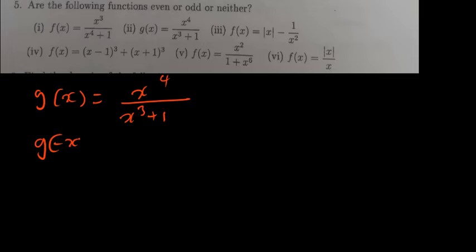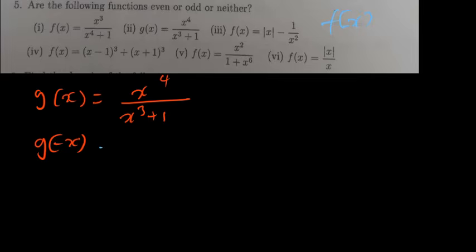So g of x is equal to x to the power 4 divided by x to the power 3 plus 1. They have just switched from the first question, meaning that g of negative x, remember, we are following this. I was giving you f of negative x; if the function is g, I'm going to use g.